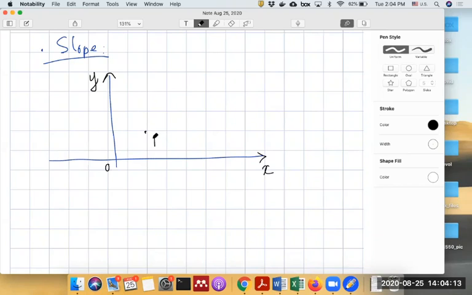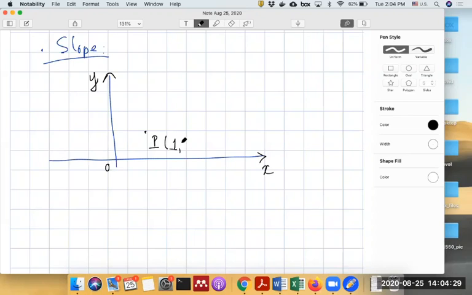We are given the point P with coordinates X1, Y1, and let us play with specific numbers.